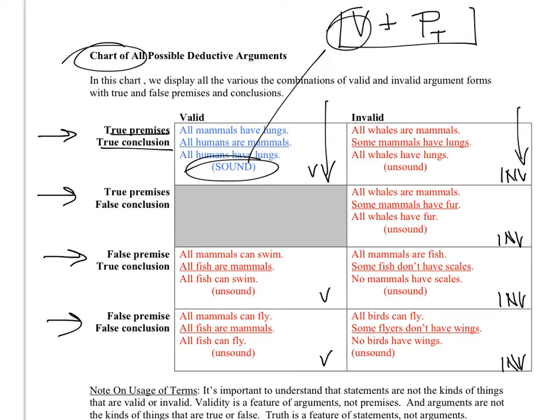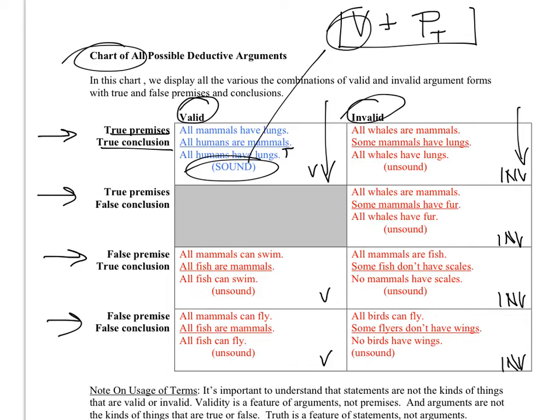Another way of putting it is to say that a valid argument is truth preserving. So if you happen to be working with true premises, then with a valid argument, a true conclusion is going to be logically guaranteed. And this is precisely what is lacking in the case of an invalid argument.